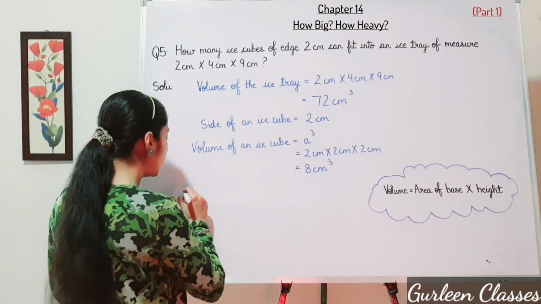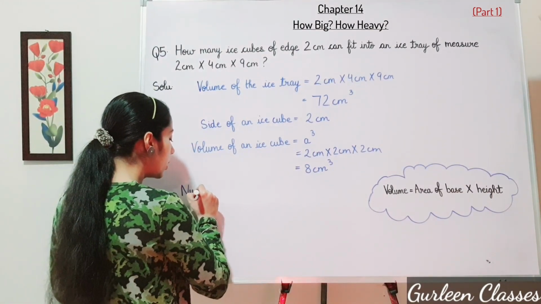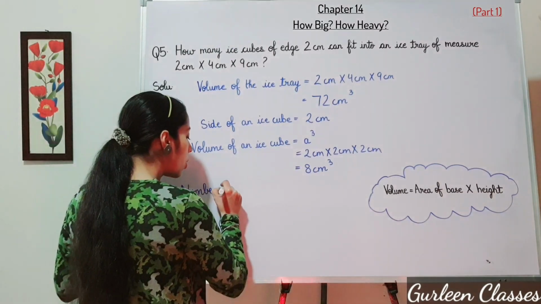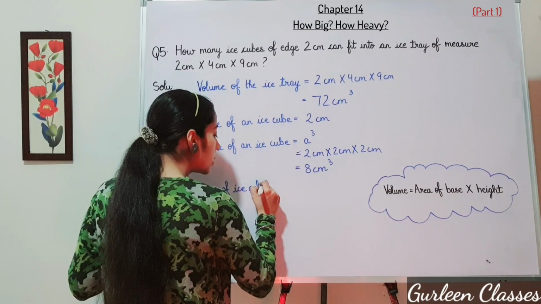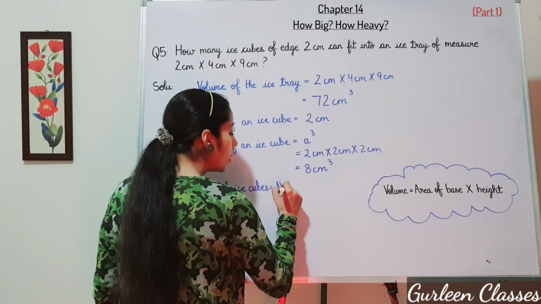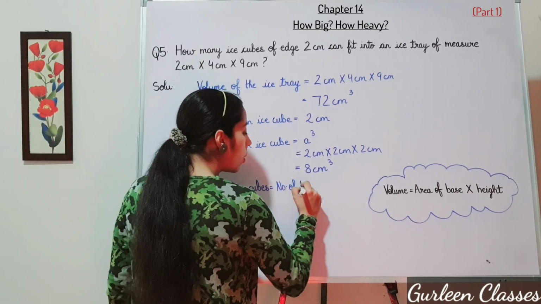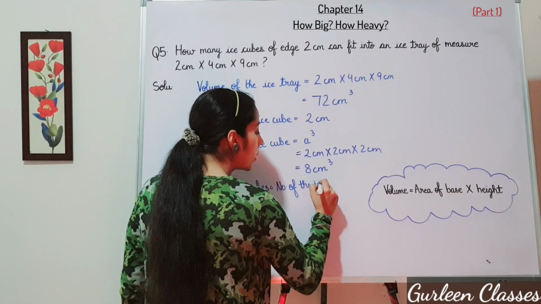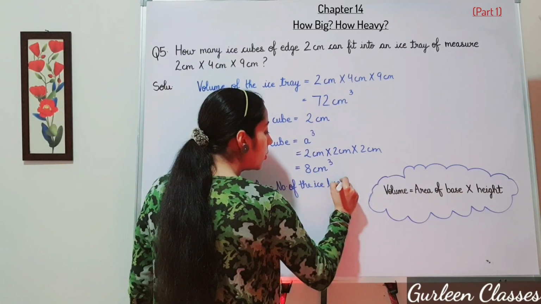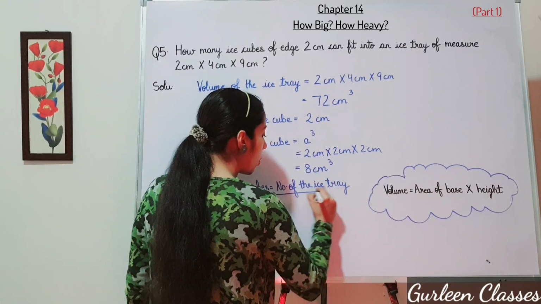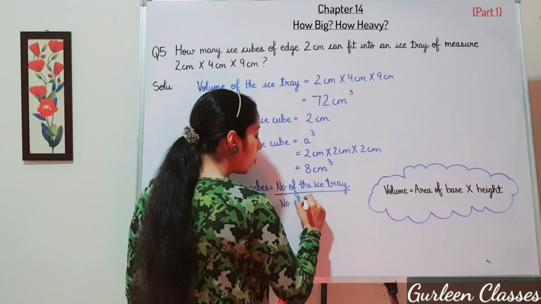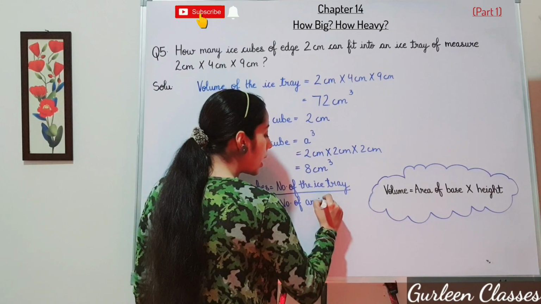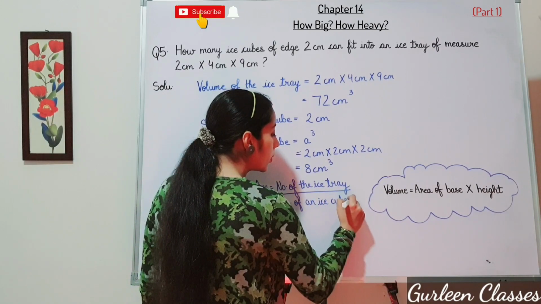Now we have to find out the number of ice cubes. So write here, number of ice cubes is equal to volume of the ice tray upon volume of an ice cube.